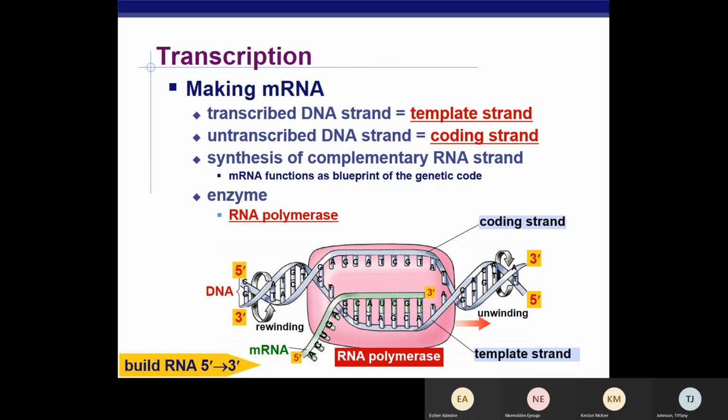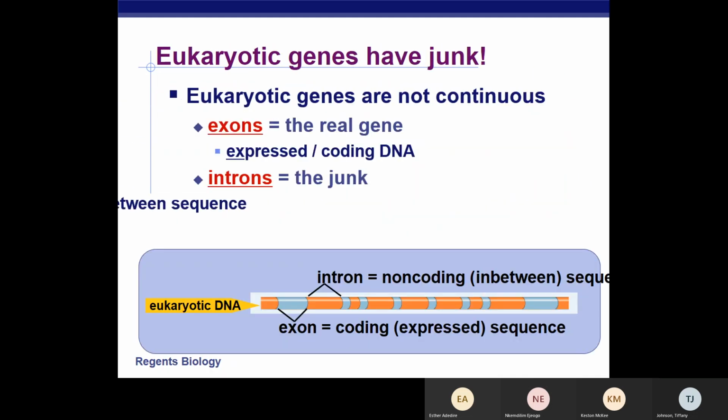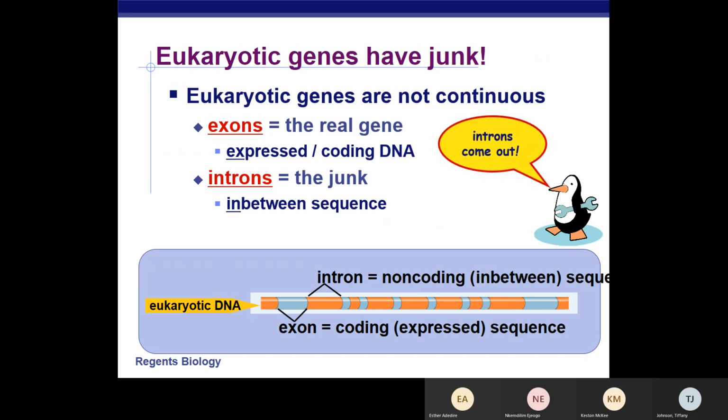There are some parts of DNA that code for nothing. So the problem that arises is that those introns, the parts of DNA that code for nothing, get copied along with the exons, which are actual genes, actual expressed or coding DNA. So the junk gets copied too.